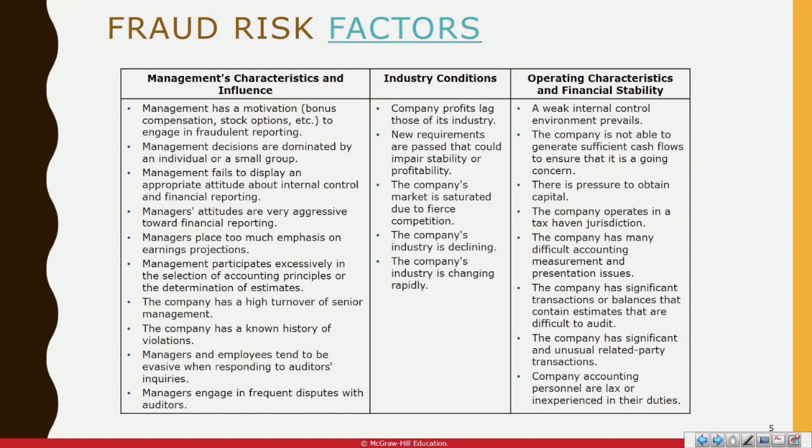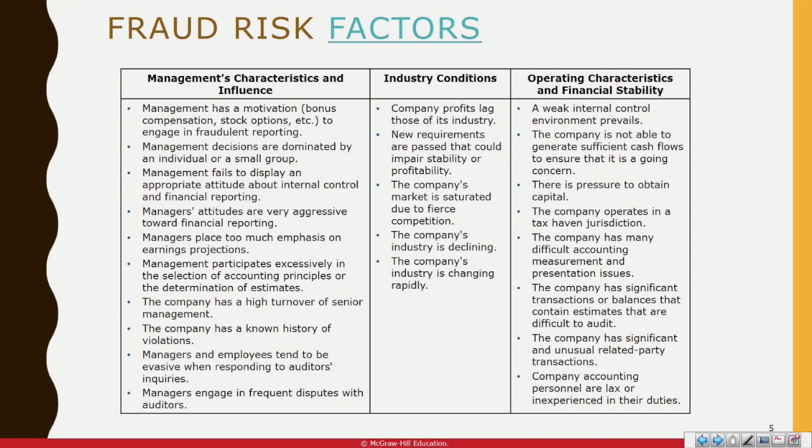No, you're going to consider maybe management has stock options and there's a poor tone at the top, that management has a very aggressive attitude toward reporting. So you're going to consider it in the context of other factors as well. That there's controls, management continuously overrides internal controls. So then the fact that compensation is tied to firm performance makes it even more risky, a higher risk. So you're going to consider these things in context.